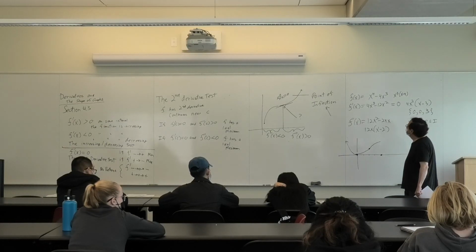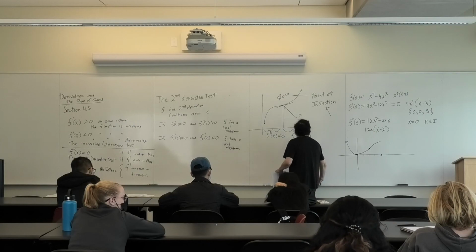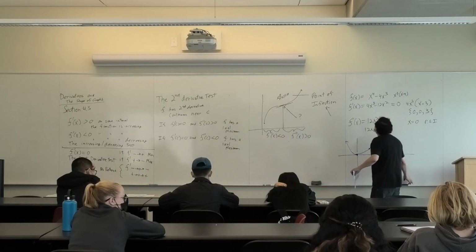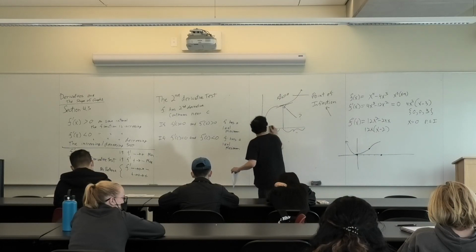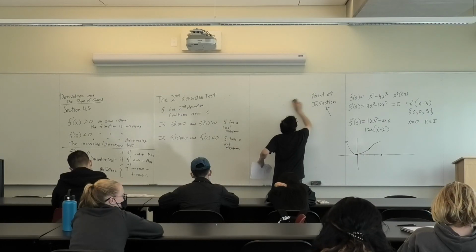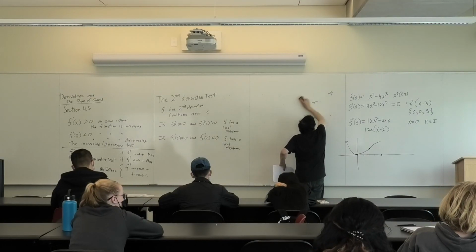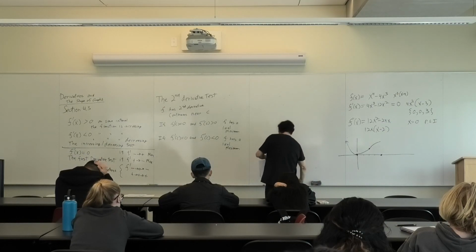That's right. Because the second derivative being 0 makes it a candidate point of inflection. This is fairly beyond my board capability.